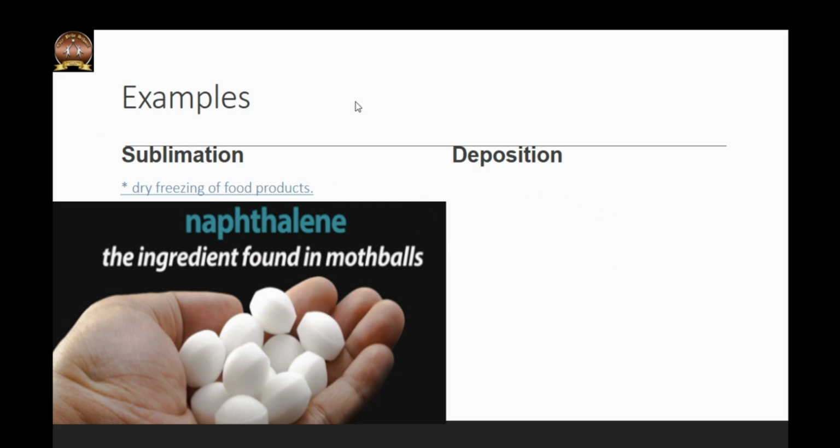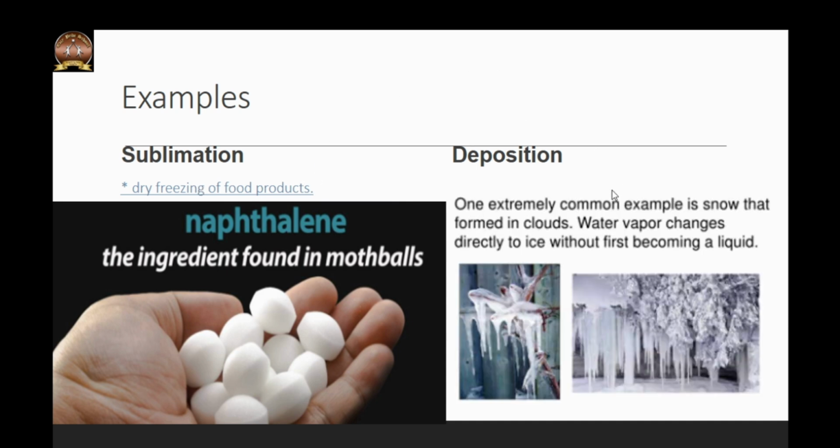The opposite of the sublimation process is known as reverse sublimation or deposition. A very common example of deposition is snow that is formed in clouds. Well, part of the clouds which are formed are due to droplets of water which solidify to form ice, and partly clouds are formed because water vapor changes directly to ice without first becoming a liquid.